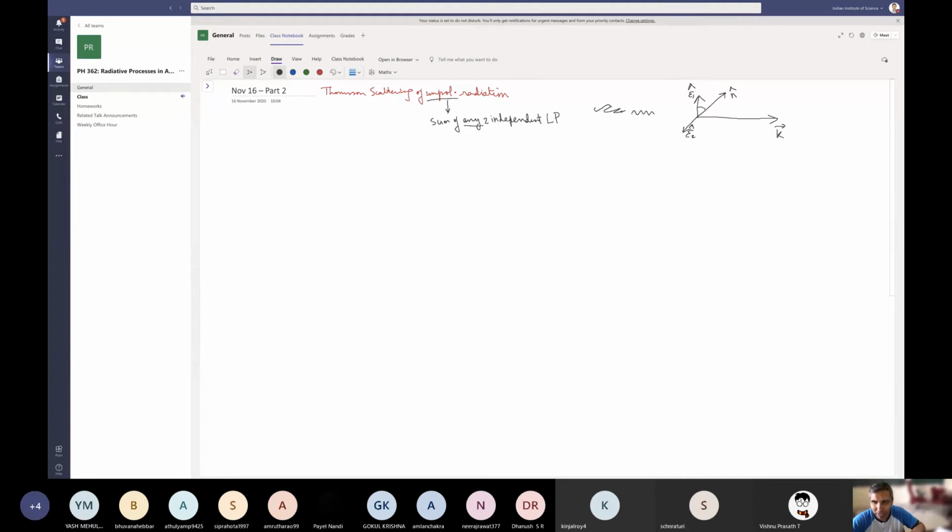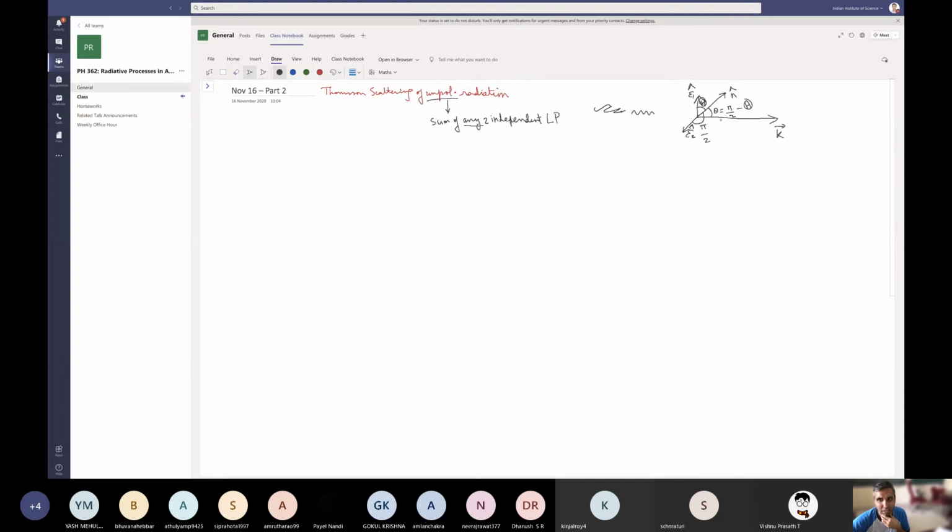So this is your capital theta, and this is small theta, which is nothing but 90 minus capital theta. These are in the plane: epsilon 1, n hat and k hat are in the plane. Epsilon 2 hat is perpendicular to this plane, so this angle is pi by 2. Good.